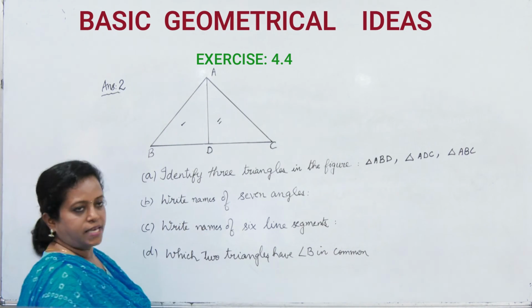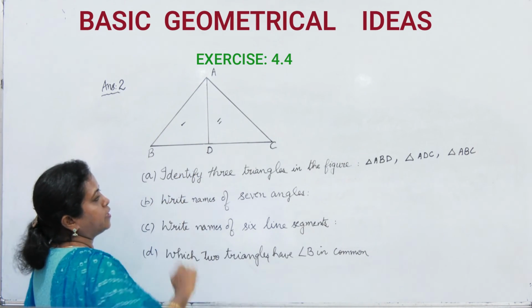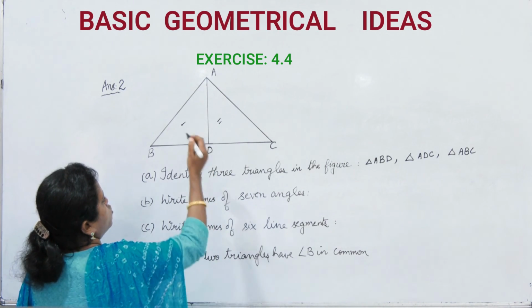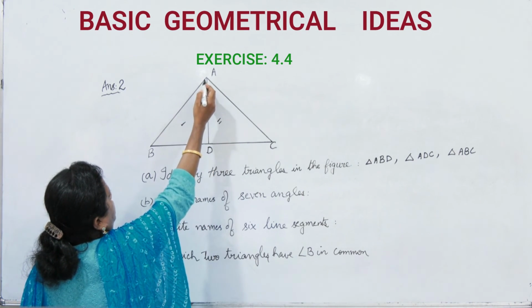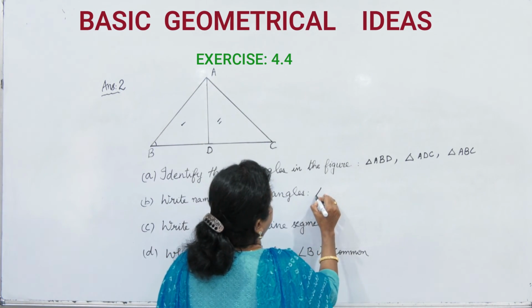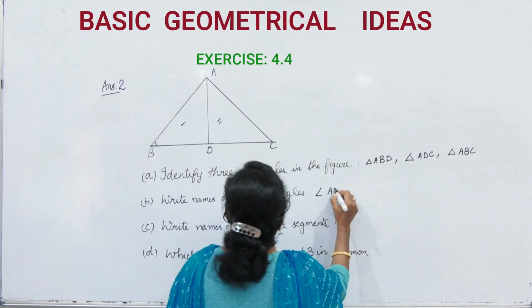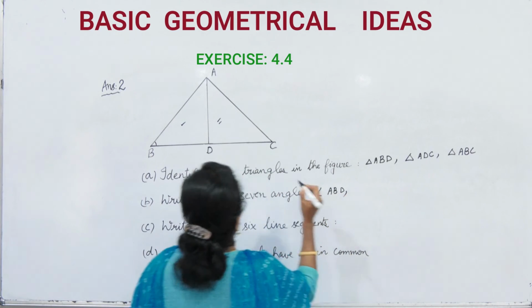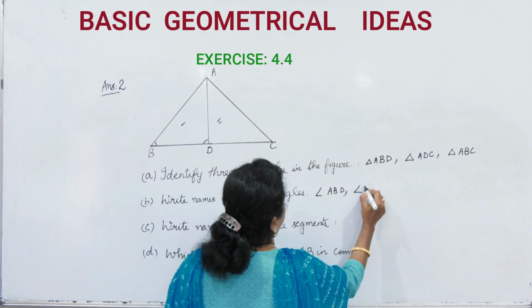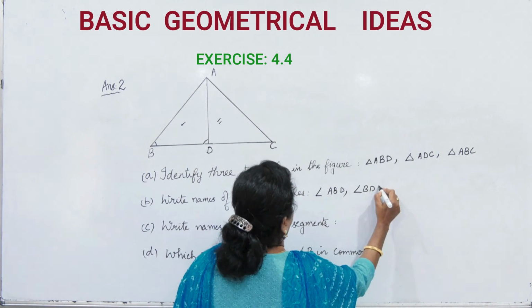Write names of 7 angles. From this figure, from these triangles, you have to name 7 angles. So let us start from any one point. If we start from naming this angle, how will we name this? Angle ABD. If you have to name this angle, you will name it as angle BDA.